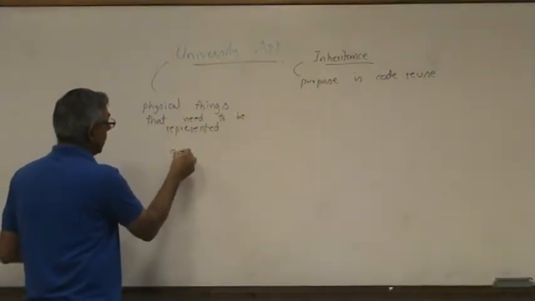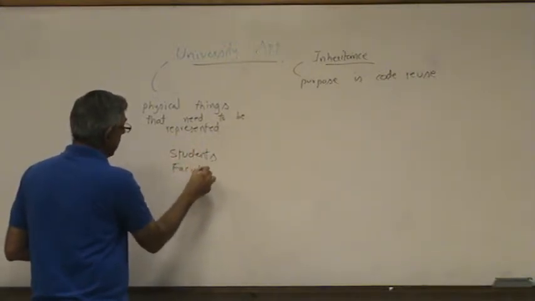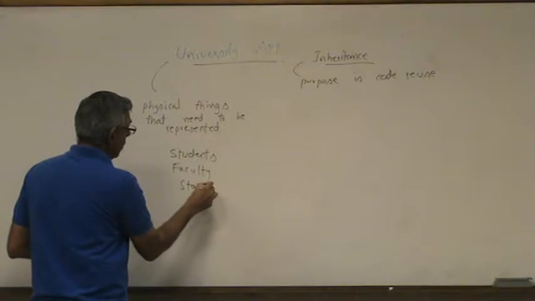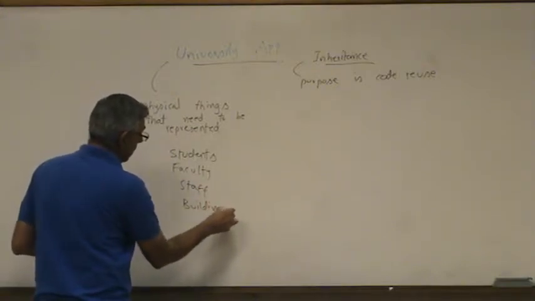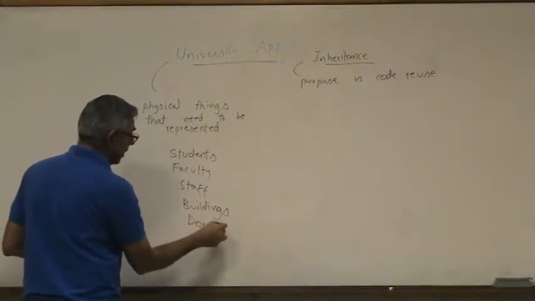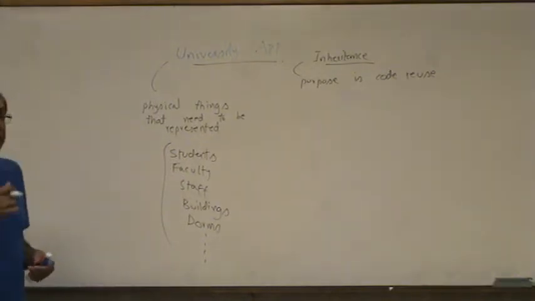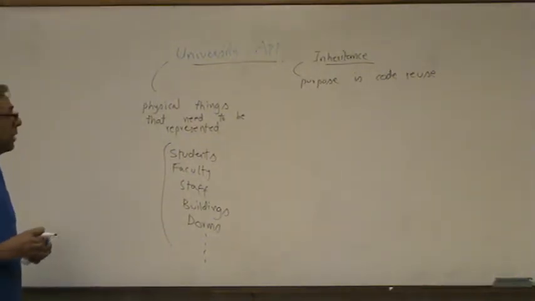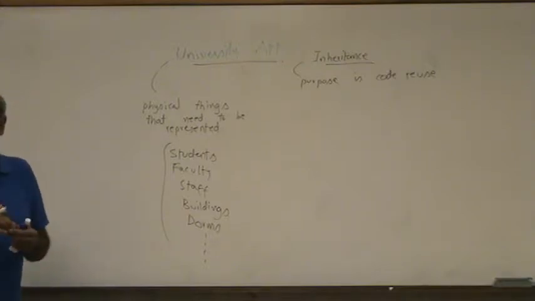So we have students, right? We have faculty, we have staff, we have buildings, we have dorms, and so on. So anyway, you can keep taking a look at all the different things we need to create in our system.